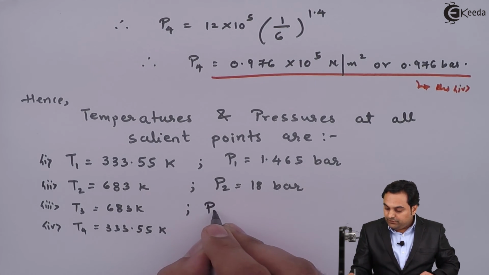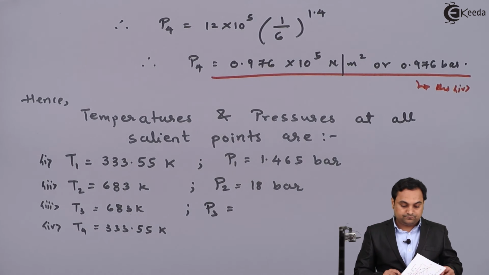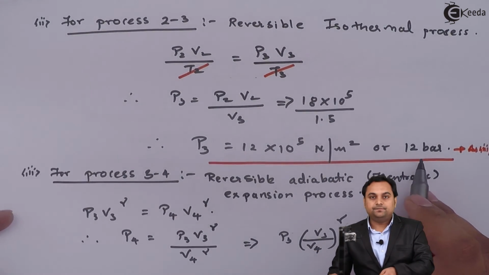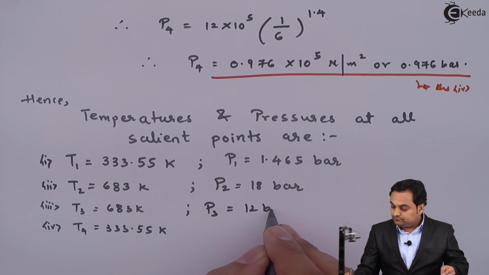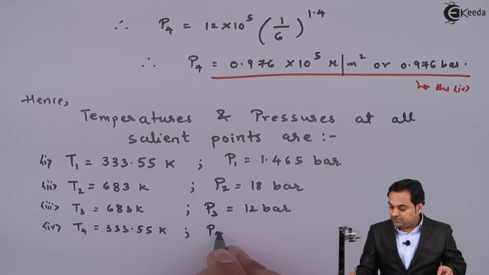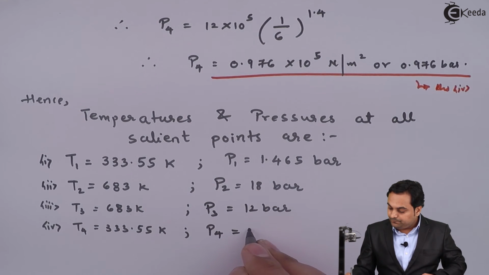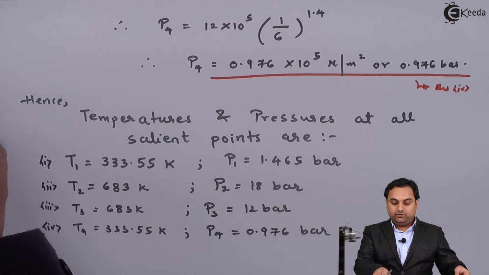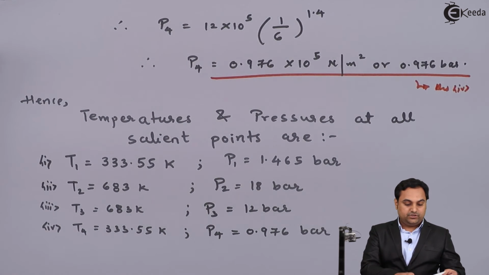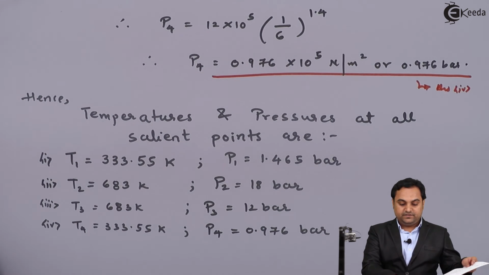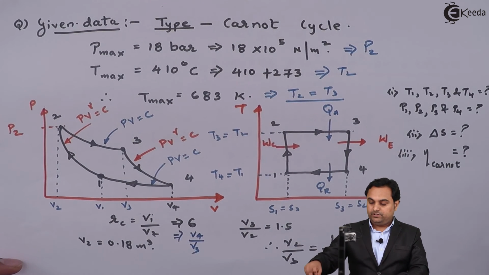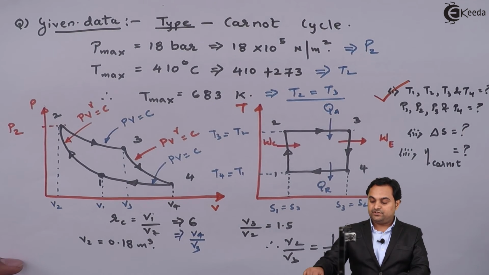Then pressure at point 3, P3 value, is 12 bar. And at last, pressure at point number 4 is 0.976 bar. So here we have found all the unknowns in the first question, that is the pressure and temperatures at all salient points have been calculated. So this is the first part of the question which has been solved.